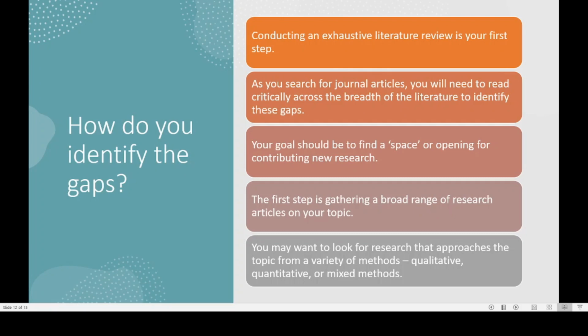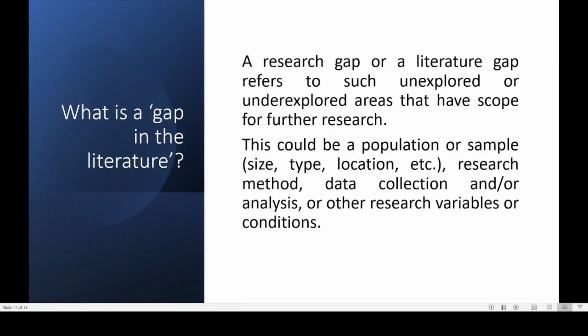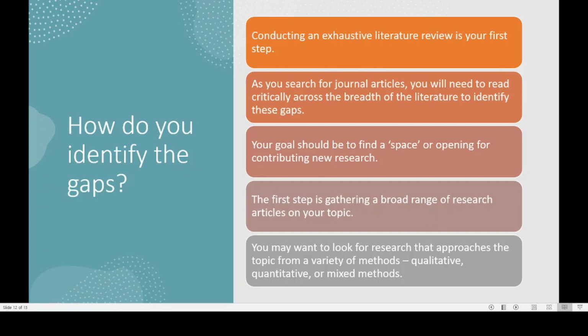Then how do you identify a research gap? That is a question that we have to address. How can we identify a research gap in an area? This is what we are going to discuss now. If you go into the research gap, conducting an exhaustive literature review is your first step.